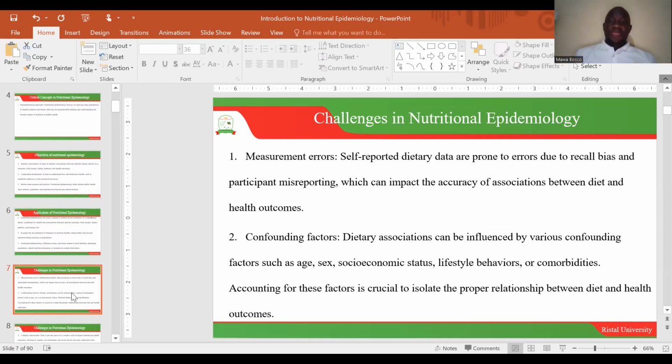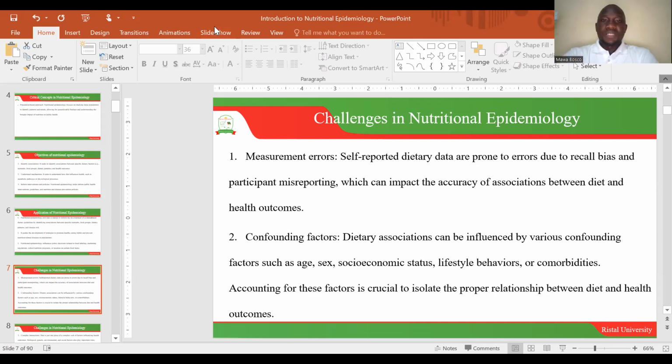So epidemiology as a field is quite challenging because of a number of factors. One, we need to understand what people are actually eating for us to know whether there are dietary patterns associated with particular health outcomes. So sometimes measuring this comes with its own difficulties.